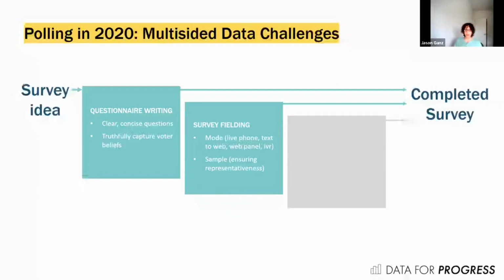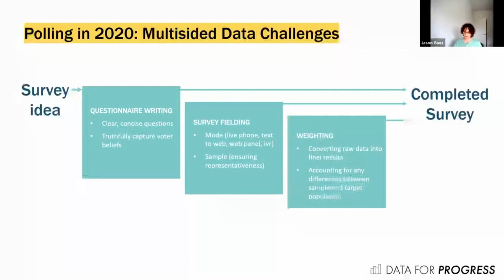So thinking about how to kind of take all of these disparate ways of getting people into your poll, some of which have strengths and weaknesses that complement each other, and put them together into one single data product is a really interesting, thorny data challenge. And then finally, once you have your raw data, then it's time to weight it.